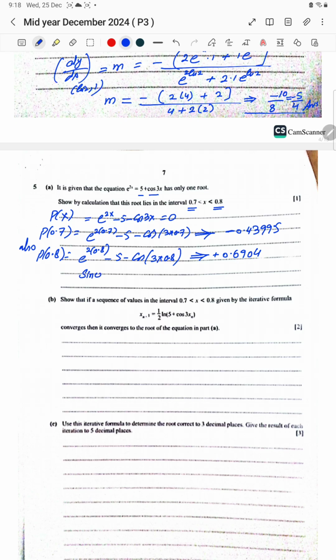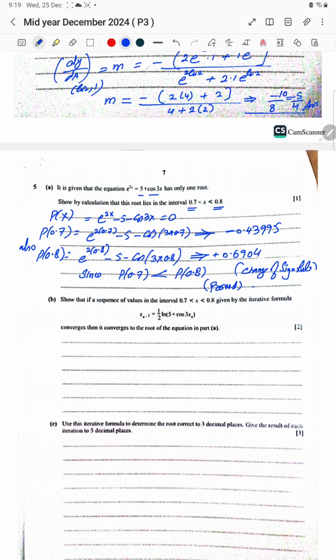Since the function at 0.7 is less than zero and at 0.8 is greater than zero, by the change of sign rule, we can say that the root is lying in between 0.7 and 0.8. So proved.